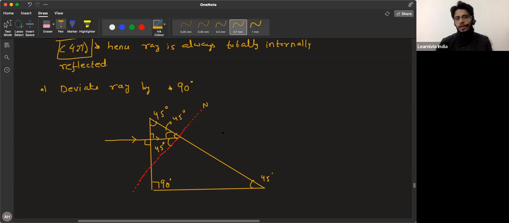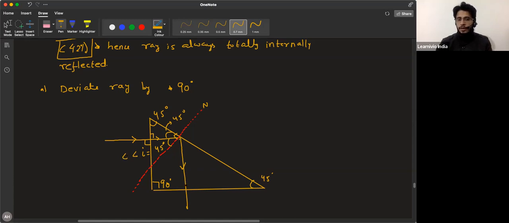Will this ray come out of the glass or will it remain within the glass? This is your angle of incidence, right? 45-degree. And critical angle is 42-degree. So what will happen with this ray? So it will remain in glass. It will undergo TIR. So it will go in this way. This will undergo TIR. Angle of incidence is greater than critical angle.